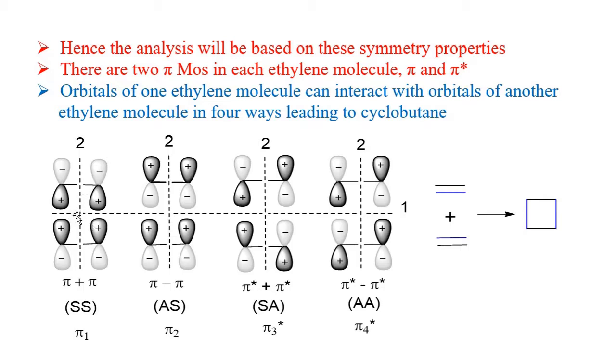The combination is addition, plus plus plus plus. All these lobes are equivalent or similar, and hence they are combined by addition, that is pi plus pi. Then here minus plus, that is subtraction. This combination is a subtraction process, that is pi minus pi.